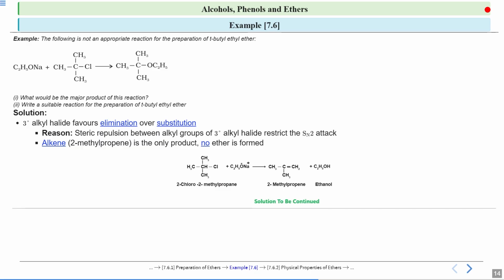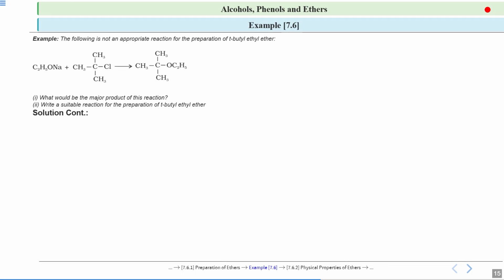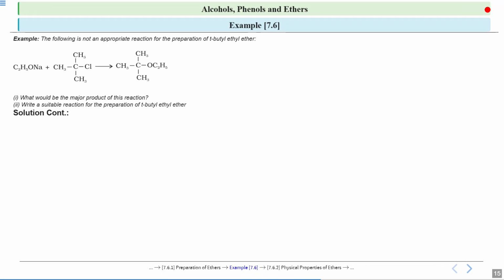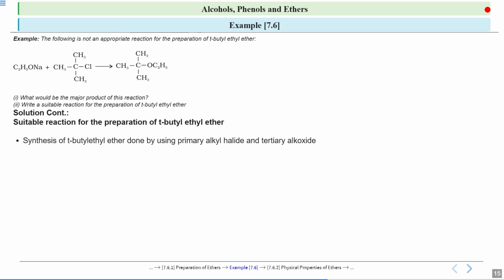Now if we come to the second part, it is asking to write a suitable reaction for the preparation of tertiary butyl ethyl ether. If you have to prepare this ether, what will be the appropriate reaction? It will be done by using a primary alkyl halide and a tertiary alkoxide.